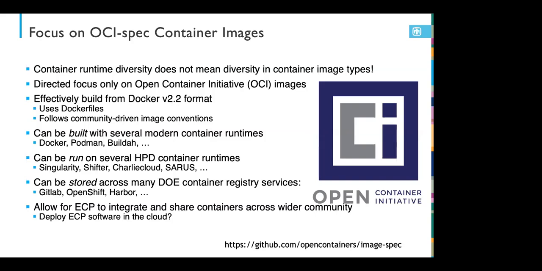And I can leverage a multitude of registry services that now exist within GitLab, OpenShift, there's Harbor, many of these different container registry services, and they all work with these OCI images. So while we may have a diversity in our container runtimes, which I'll show and explain in a little more detail, we can focus on one method for creating images.